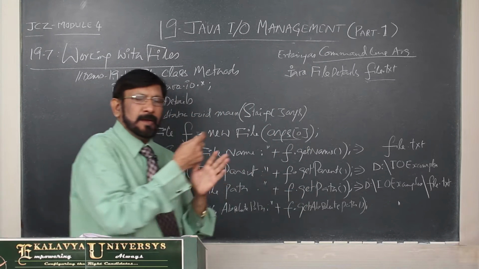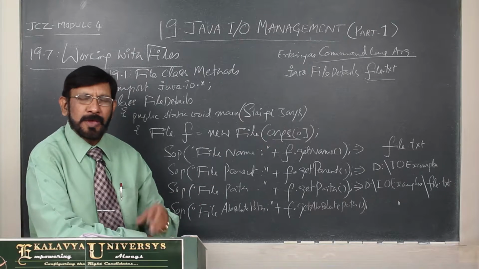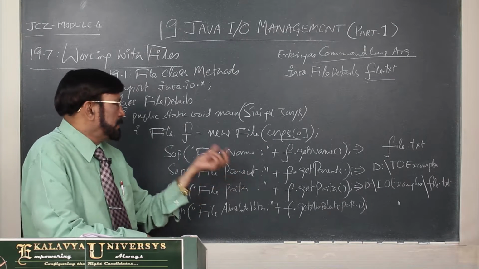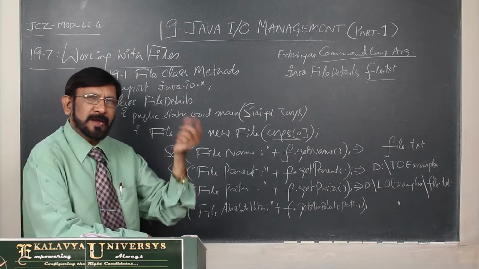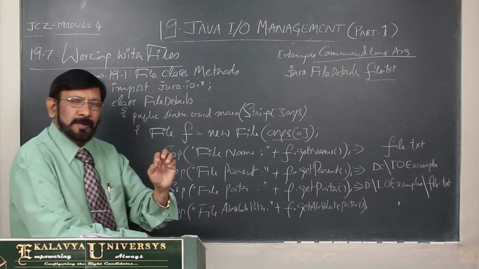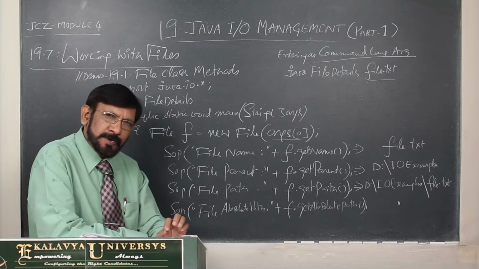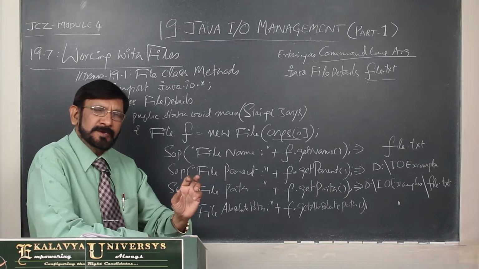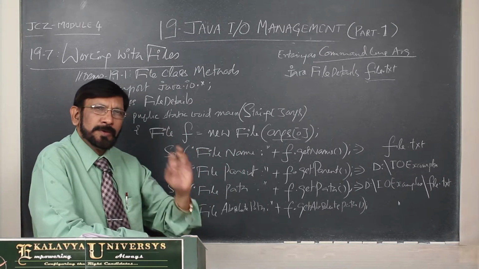By this argument, we are providing the file name to the File class, which converts it into an object. That point always remember. Now Java is a true object oriented programming language. That's why it can deal only with objects.